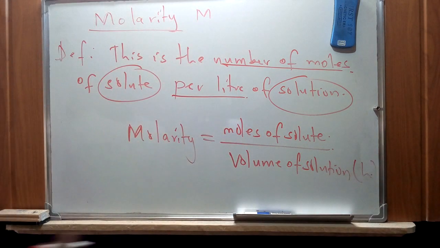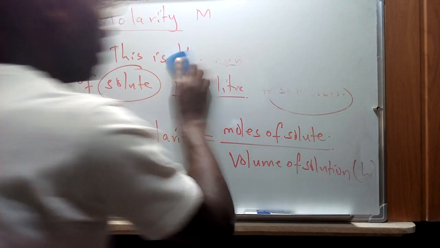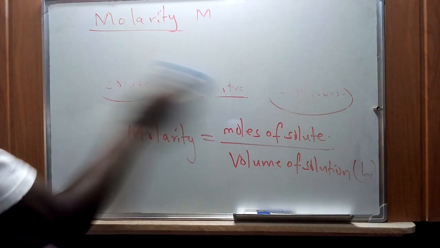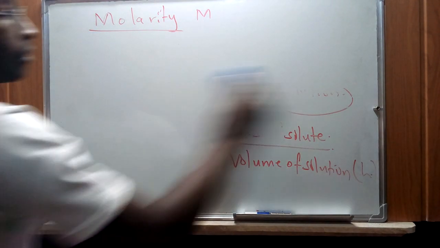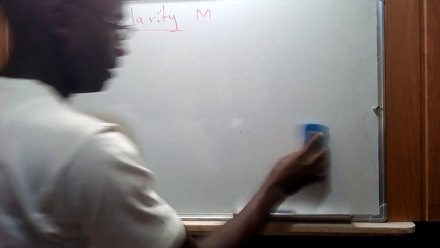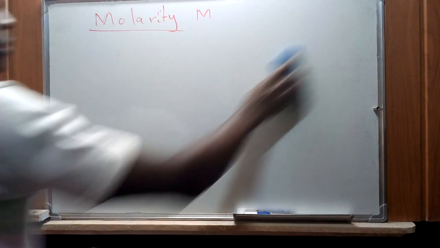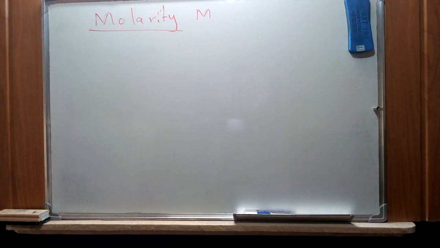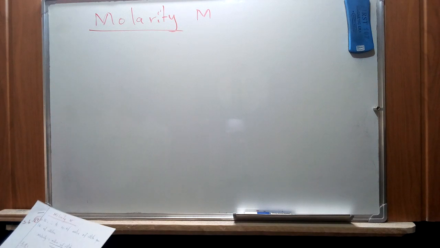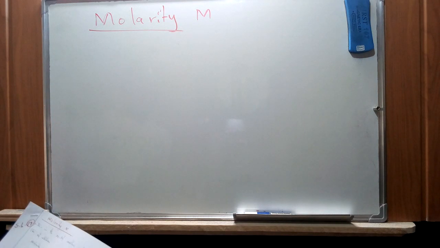Of course, for a molar solution, that's moles of solute per liter of solution. Now we're going to use an example for illustration, and try to see how, given a particular quantity of a solution or the solute, we can find the molarity.